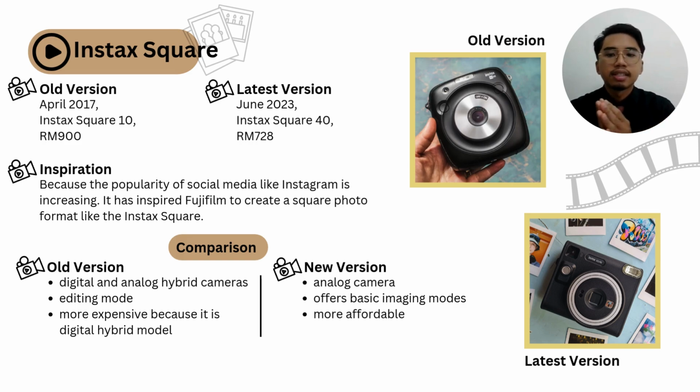And the last, it is more expensive because it is a digital hybrid model. Yes, the special Instax Square 10 is more expensive because the camera is a digital hybrid model. This camera is more expensive than the new version, I mean Instax Square 40.